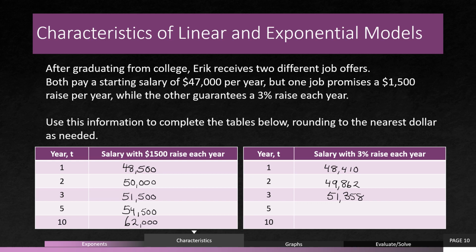Oh, so close. But here, let's get to year 5, and now we're at 54,486. So at this point, a few dollars short, but almost the same. And at year 10, though, we're at 63,164. So he is making more at that point.